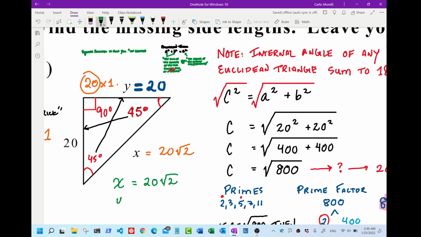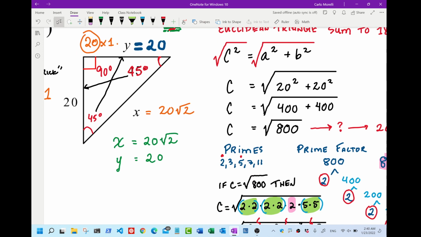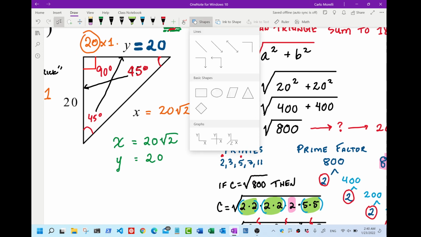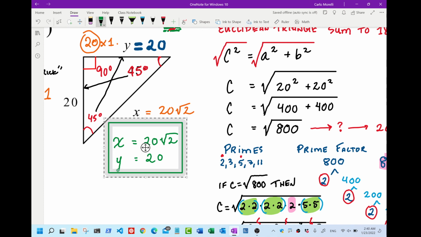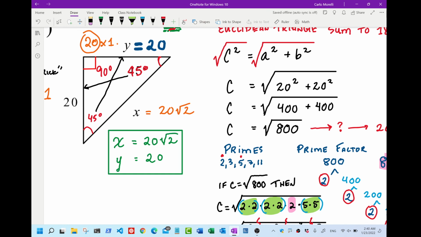And y equals 20. And that is your answer to that question. All right.